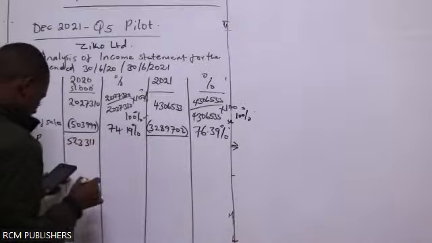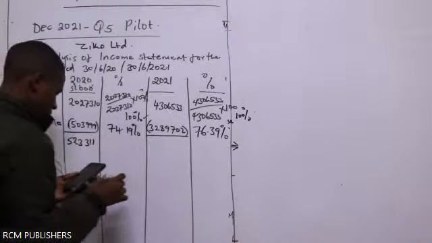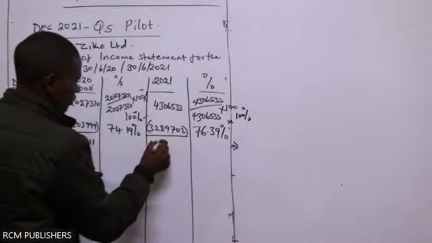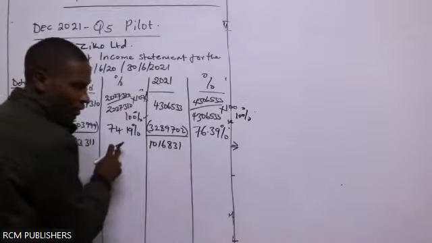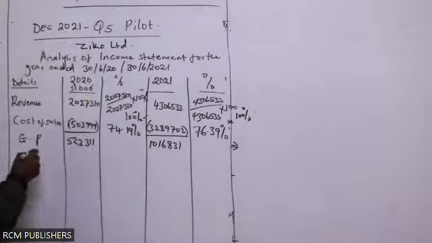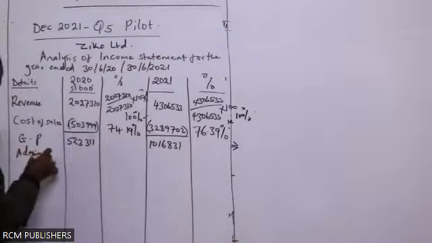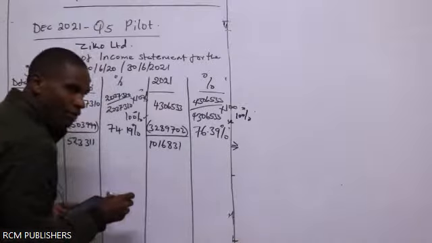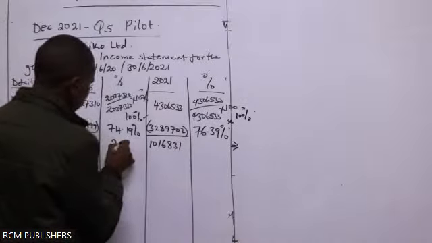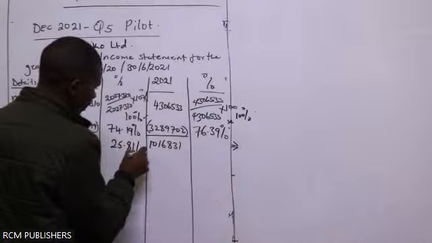523,311. Then 1016,831. Gross profit ya hapa ni ngapi? Ya 2021. Before we move to admin expenses. Admin expenses. 25.81. Thank you very much. I like this.